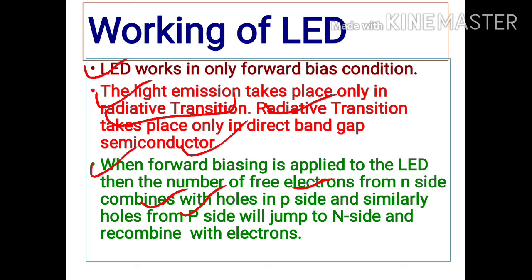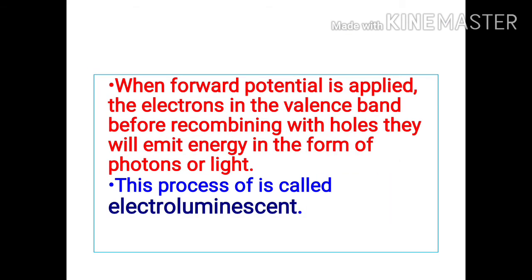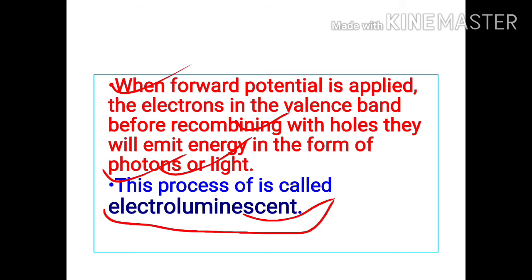So when the forward potential is applied, before recombining with the holes, the electrons will emit energy in the form of photons, and hence the light will be obtained from the LED. And this process is known as electroluminescence. You need to remember this point. This process is known as electroluminescence. So this is the basic principle of how the light is emitted from the LEDs.